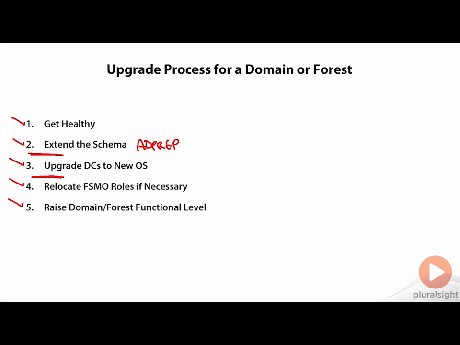It is not until you go through this final step, here number 5, that you actually get to enjoy the benefits of having a new Windows Server 2012 R2 infrastructure. Until you do that, you're still running under the old set of rules. So getting to that 5th step is the ultimate goal. And it's something you only get after you go through the process of getting healthy, extending the schema, and upgrading your domain controllers to your new operating system.